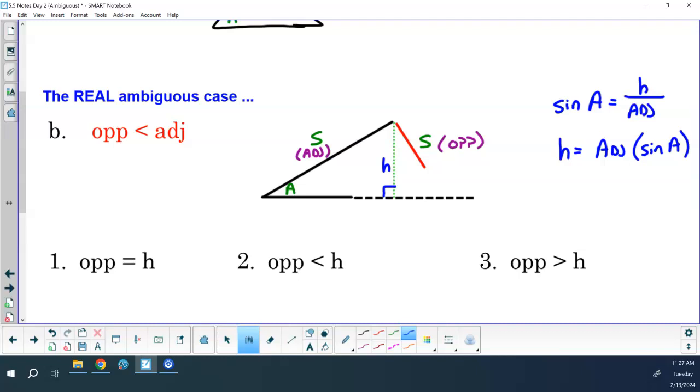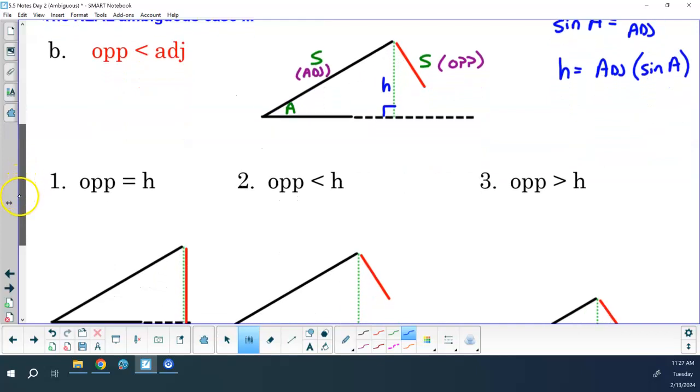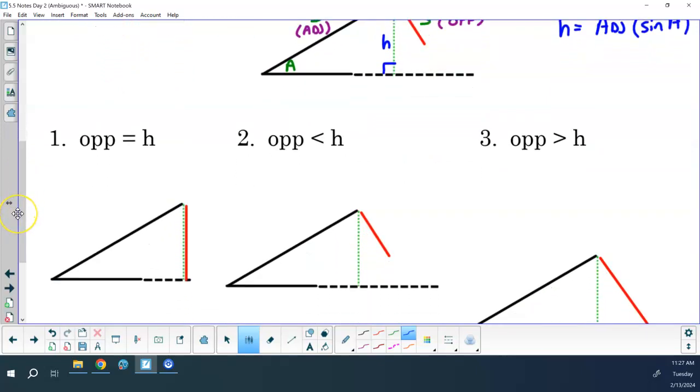Then I compare that to my opposite side. So first off, if my opposite side has an equal length to my height, then I have a right triangle.